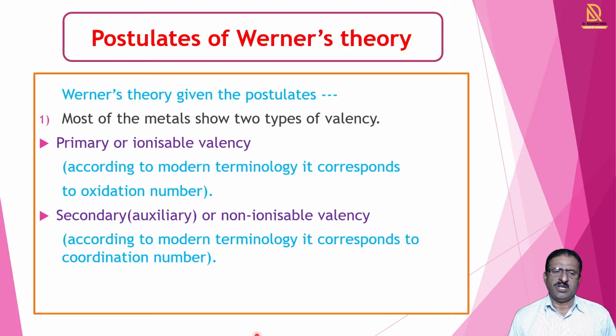In this way, the first postulate, the primary valency and secondary valency, was explained by Werner, and for that purpose he took different examples and proved that both primary and secondary valencies are satisfied. If a coordinate compound satisfies both valencies, then that compound is called a coordinate complex according to Werner's theory.